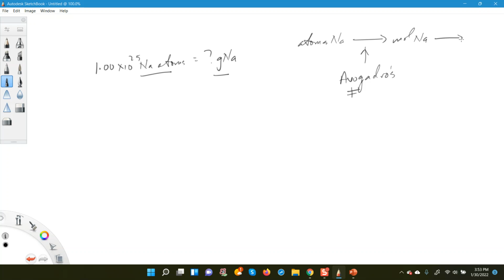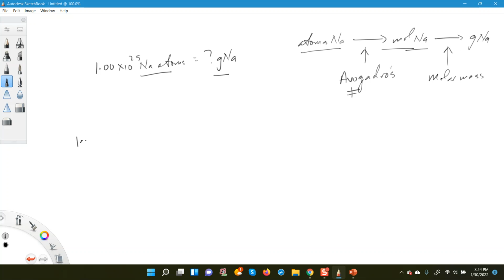And then we can find out the equivalent mass in grams of sodium. In this case, we would be using the molar mass. So in order to solve these problems, we're going to need two conversion factors in series, right? One to convert from the number of atoms of sodium to the moles of sodium, and then the other one to convert from moles of sodium to the mass in grams of sodium.